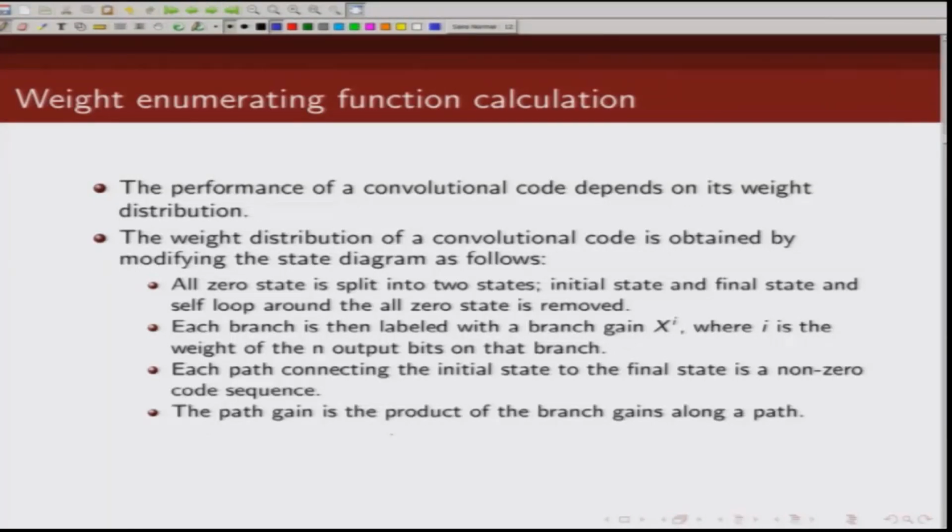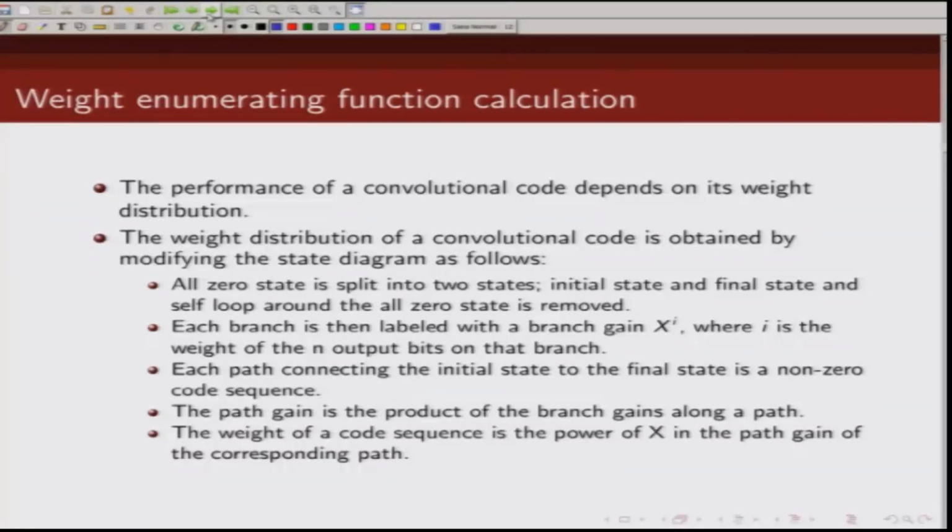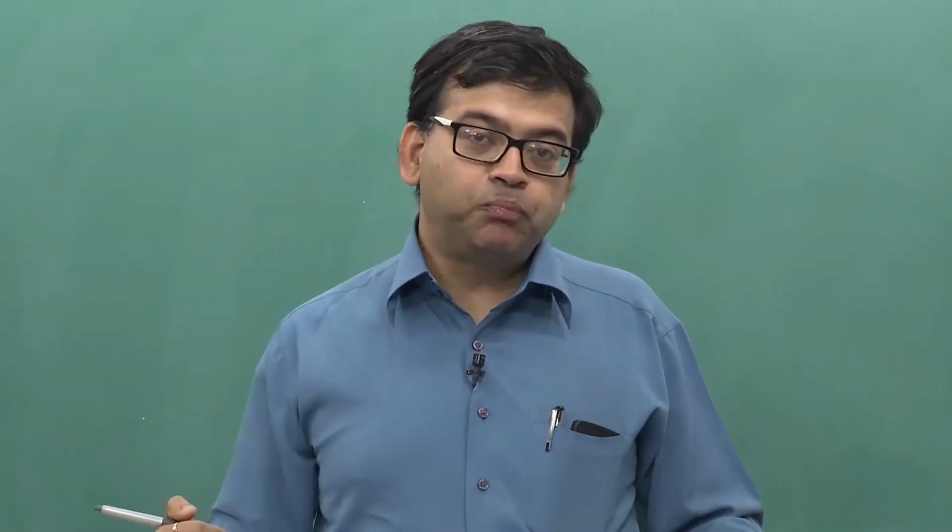We define a path gain as the product of branch gains along a path, and the weight of a code sequence is nothing but the power of x in the path gain of the corresponding path, because each branch is labeled by its corresponding output weight.